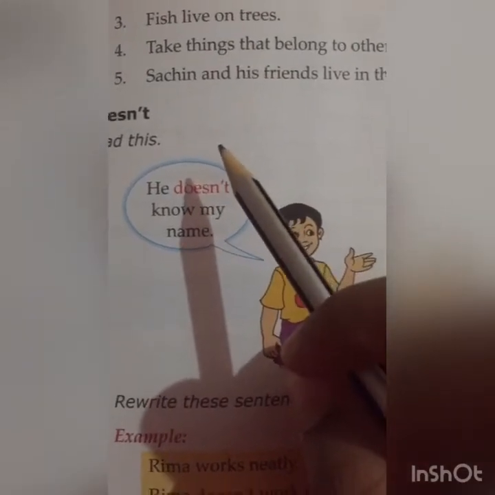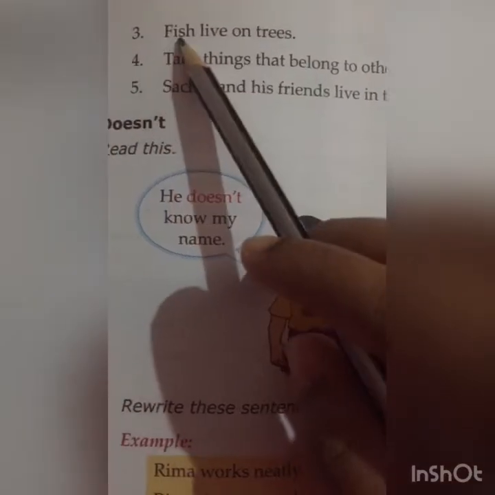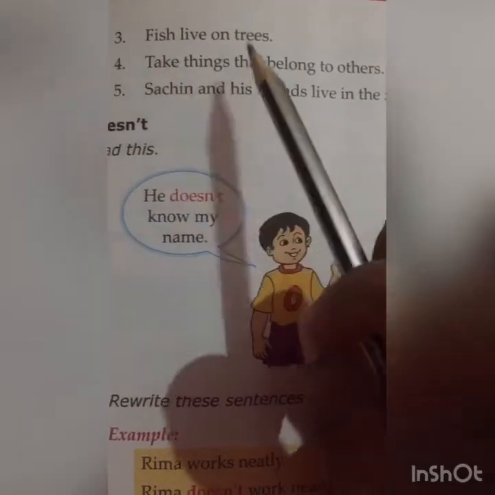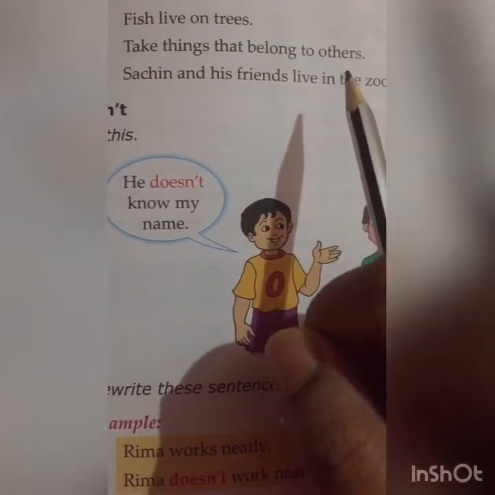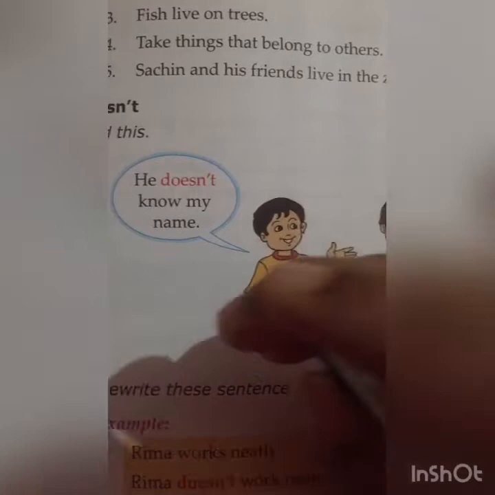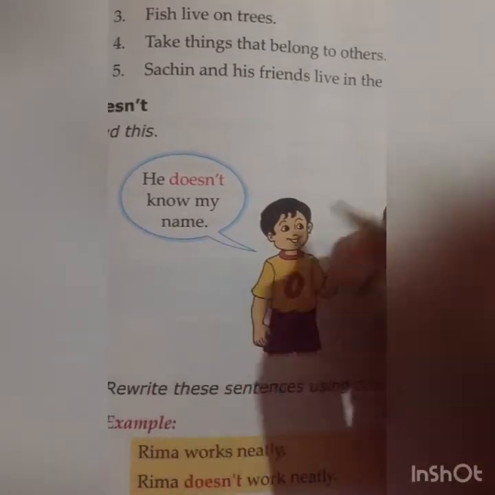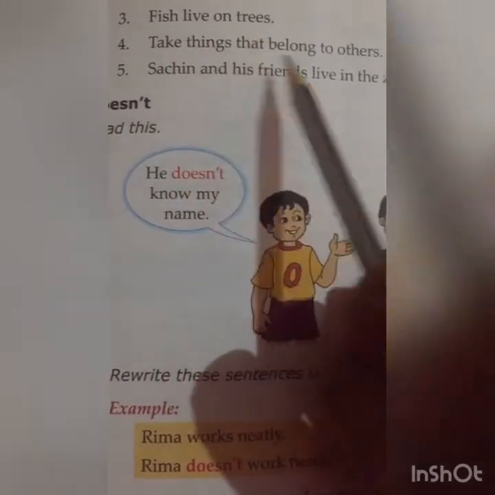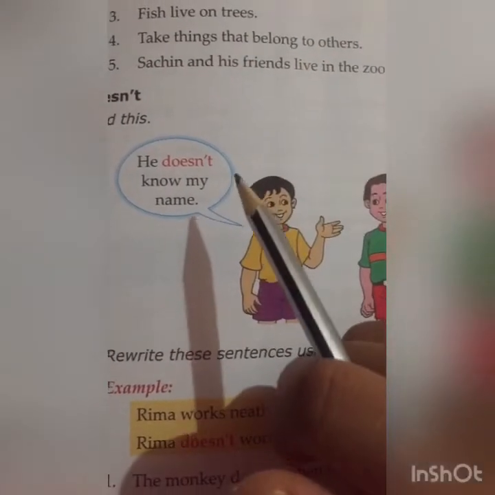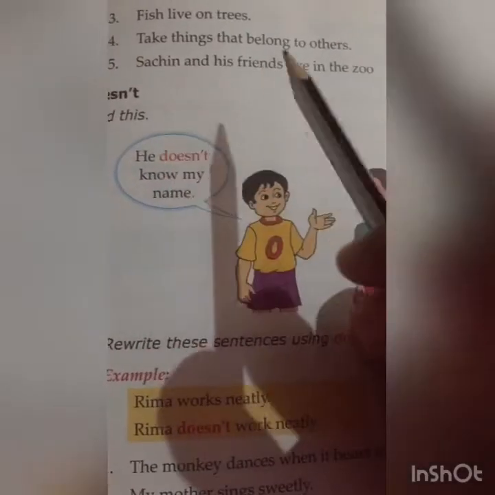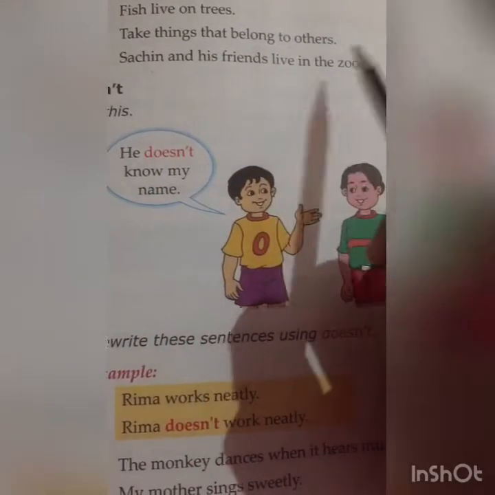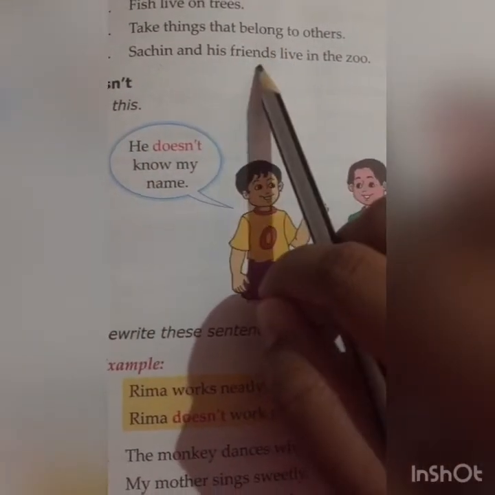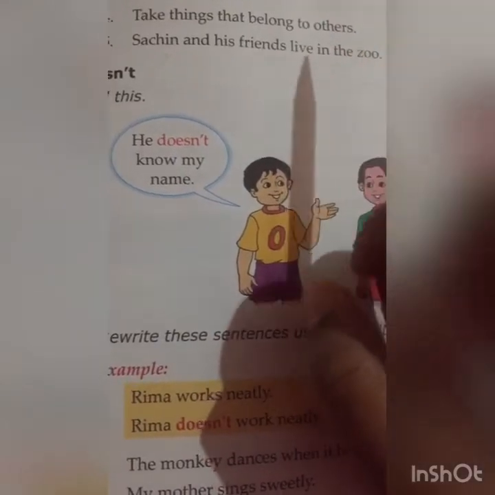Do fish live on trees? No. So fish don't live on trees. Take things that belong to others. Should we take things that belong to others? No. So how do we write it? Don't take things that belong to others. Okay, next one. Sachin and his friends live in the zoo. How to rewrite it? Sachin and his friends don't live in the zoo.